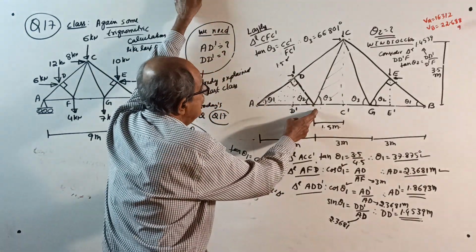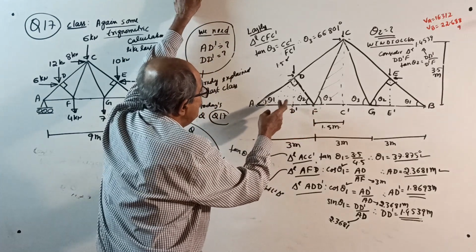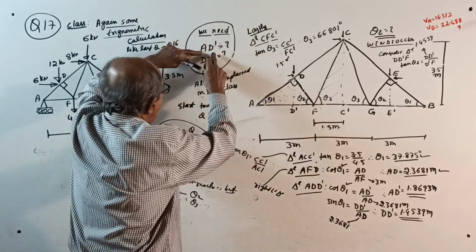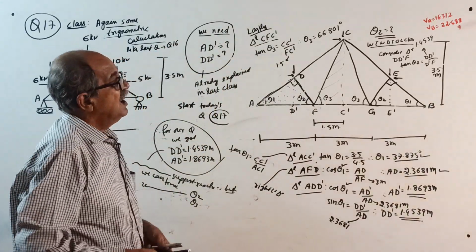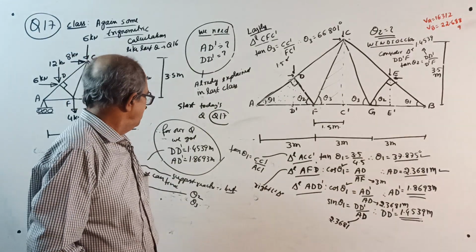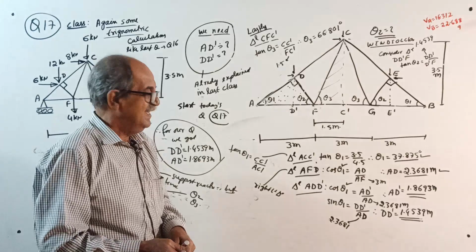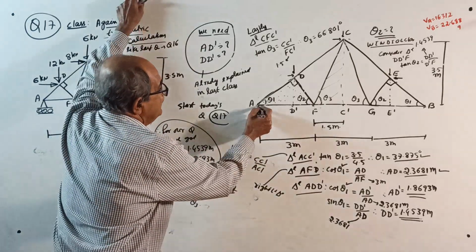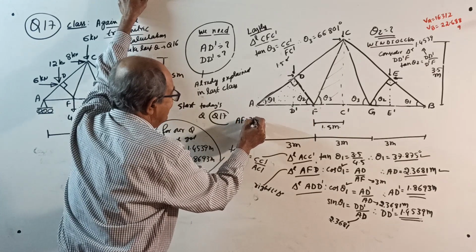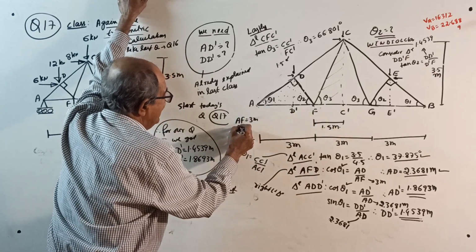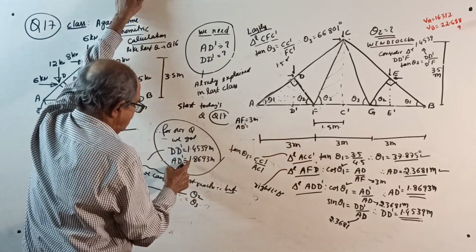Okay, so what? Sir, we know AD dash. Oh yes, correct, I got confused. They won't believe me. See, A to F is 3 meters, and A to D dash, how much did you get?